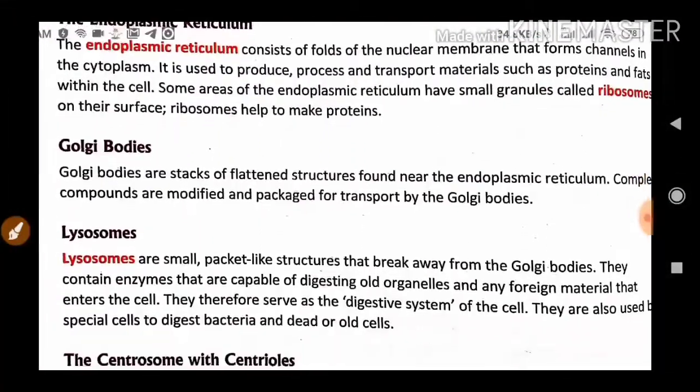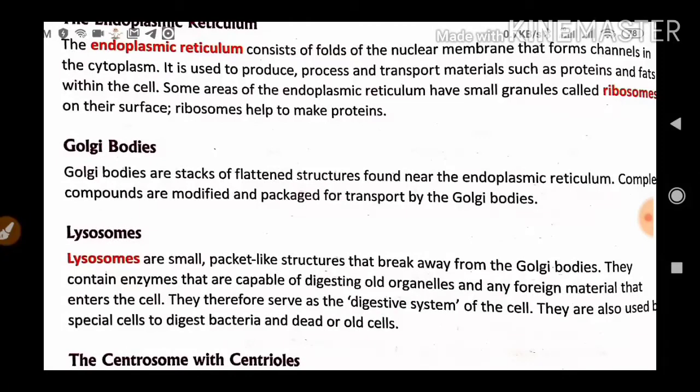Golgi bodies are a stack of flattened structures found near the endoplasmic reticulum. Complex compounds are modified and packaged for transport by Golgi bodies. So these are mainly the transport organelles of the cell, Golgi bodies.